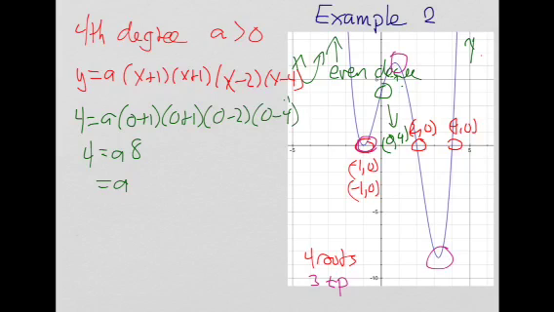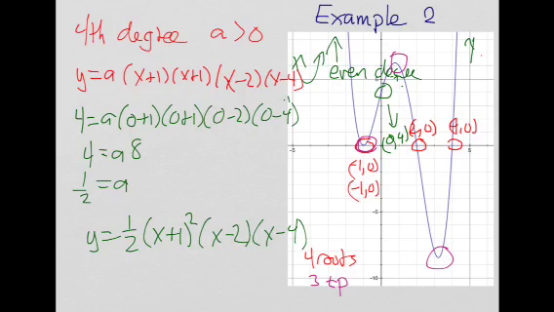So a equals 1/2, giving us our final equation, y equals 1/2 (x plus 1) squared, since I have it twice, (x minus 2)(x minus 4). And again, a was supposed to be bigger than 0. A is indeed bigger than 0, so this looks reasonable.